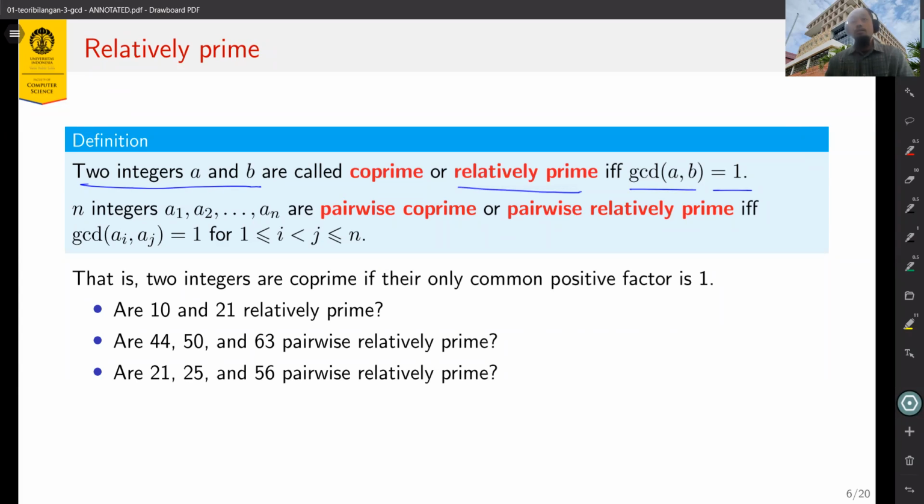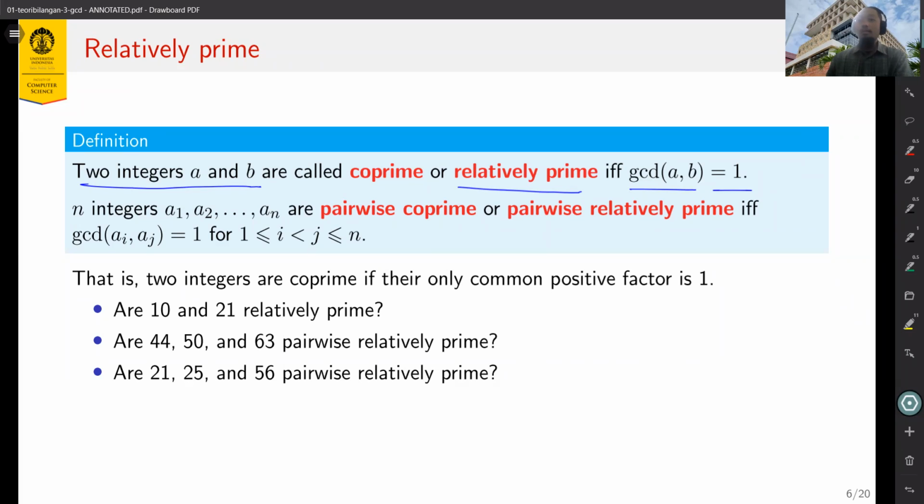In other words, what does it mean for two numbers to be relatively prime? It means that those two numbers share no common positive factor except 1. So 1 is the greatest common divisor of them.